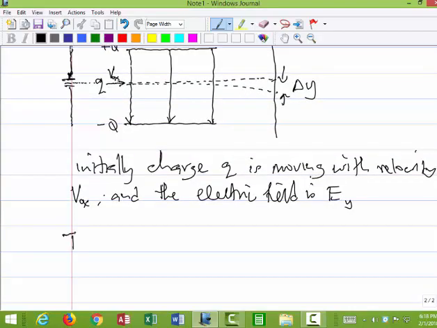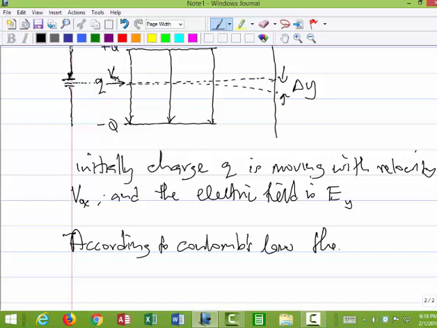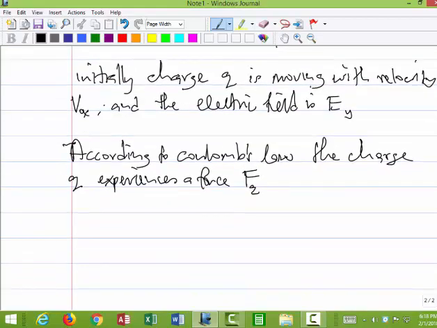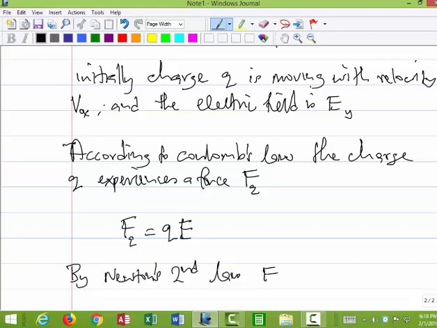Okay. So according to Coulomb's law, the charge Q experiences a force F subscript Q, which is Coulomb's force, and we can say the force is charge Q times the electric field E. And then we can say that by Newton's second law, the force on the charge is equal to its net force, and that's equal to the mass of the charge multiplied by acceleration of the charge.